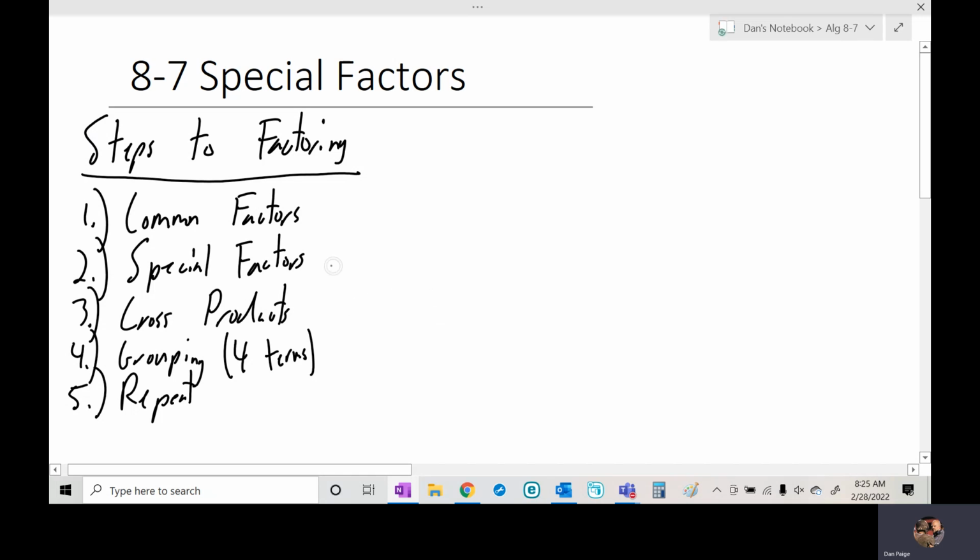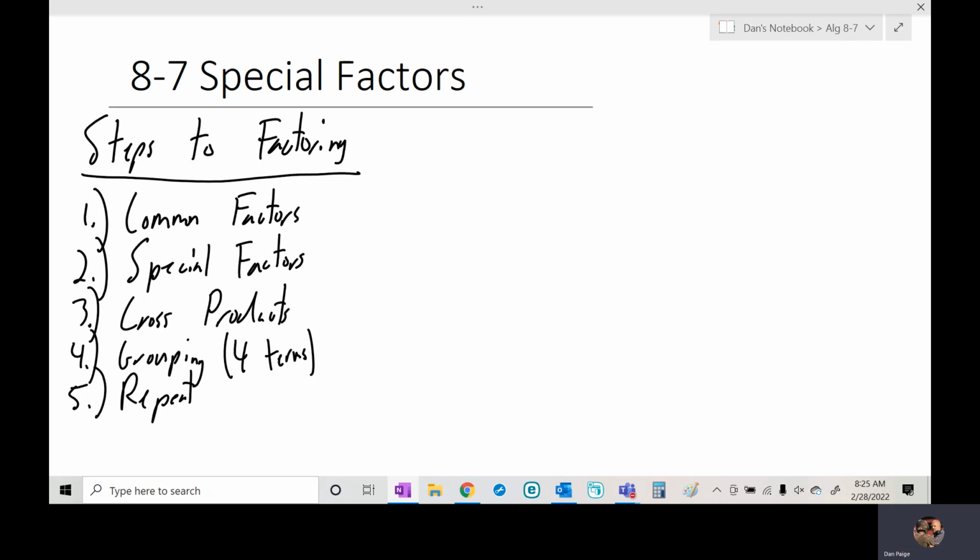You could actually teach this without this step in there at all. You could just say this doesn't even exist, and you could do everything with cross products. But what's good for us to understand is that there are these patterns that come up that are super predictable and easy for us to figure out. And we want to save time if possible.